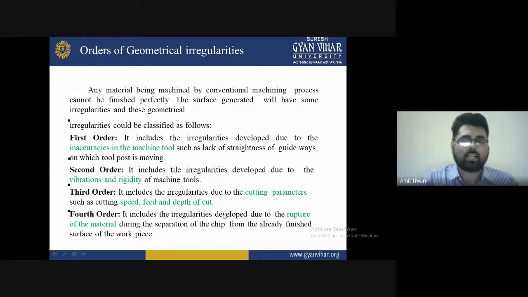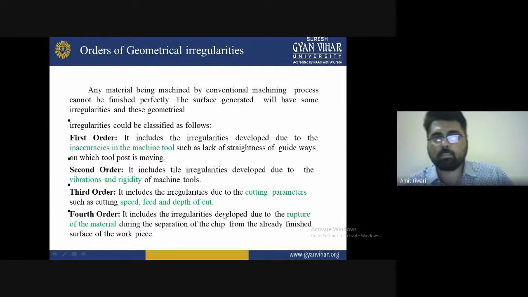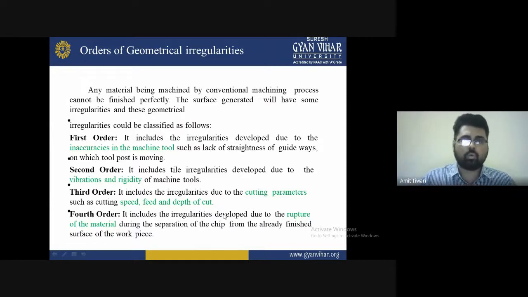It is a fact that when you are doing conventional machining, it is operated by hand, and if you are doing the operation on non-conventional machining, it is operated by coding, and a perfect design or perfect finishing is easily obtained, because it does not depend on the hand. That is basically the difference between conventional and non-conventional machines.